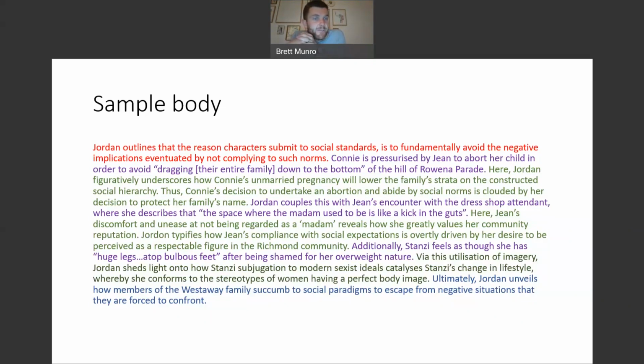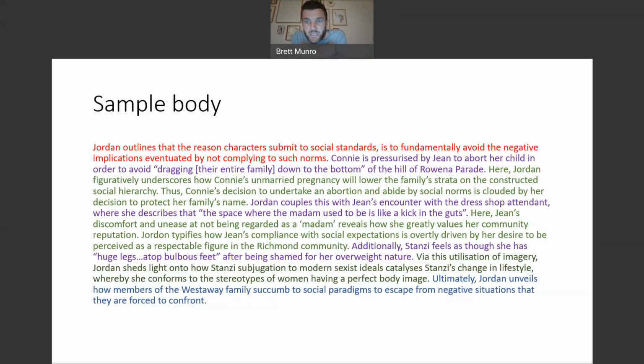Here, Jean's discomfort and unease at not being regarded as a madam reveals how she greatly values her community reputation. Jordan typifies how Jean's compliance with social expectations is overtly driven by her desire to be perceived as a respectable figure in the Richmond community. Additionally, Stanzi feels as though she has huge legs atop bulbous feet after being shamed for her overweight nature.